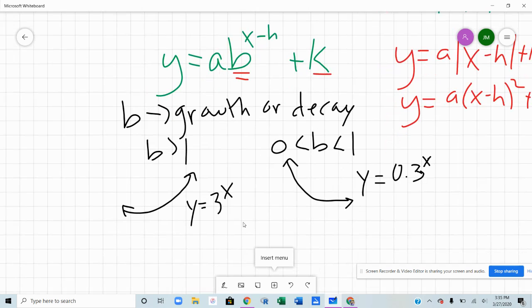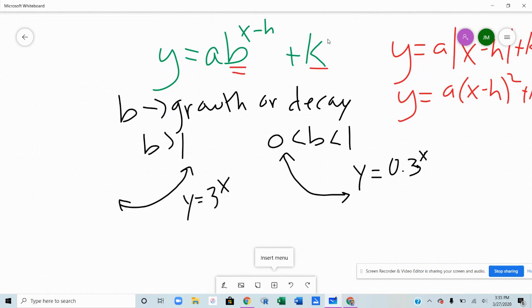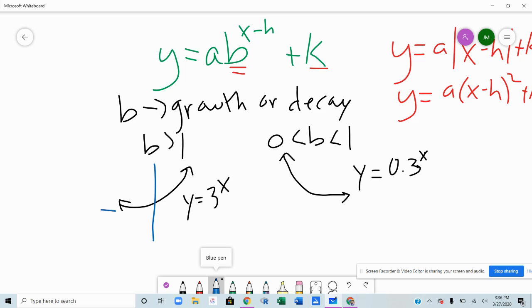The second one that is important is that k value at the end. That tells you the horizontal line that your graph is never going to cross. So right here, if I have an xy axis, remember that there is a horizontal line that your graph is never going to cross. That k value tells you what that value is. Right now I don't have a k value, which means it's 0, so it's never going to cross 0.